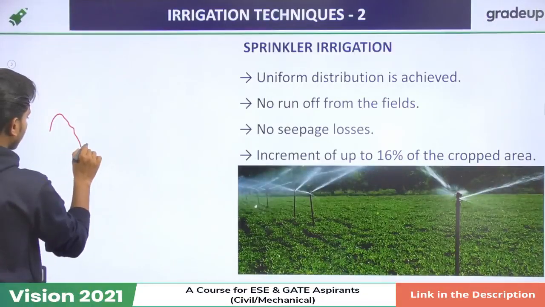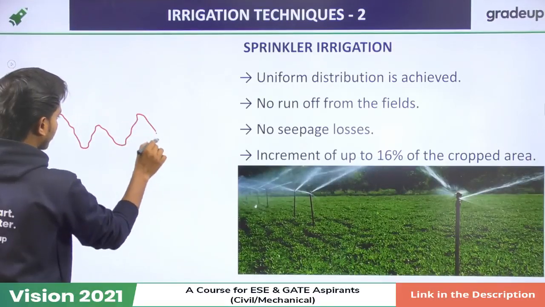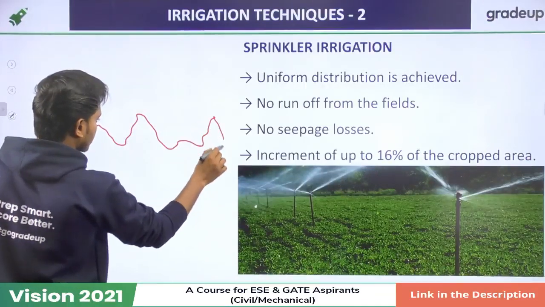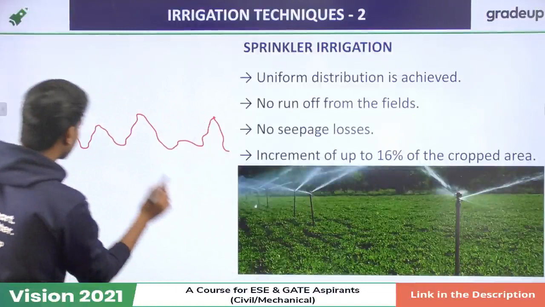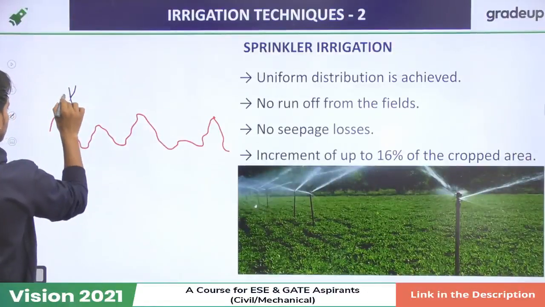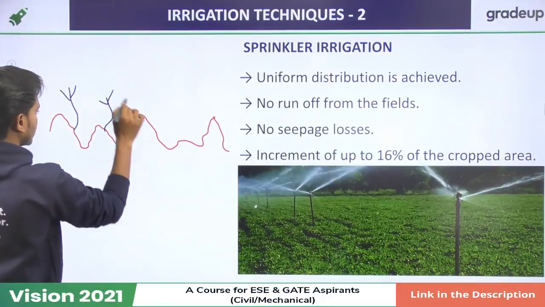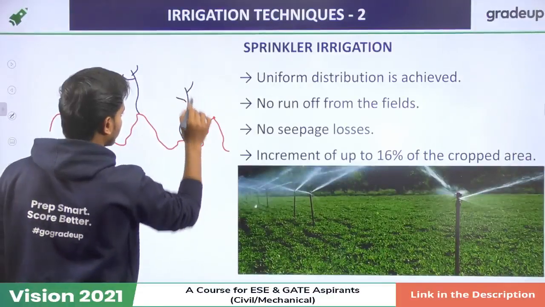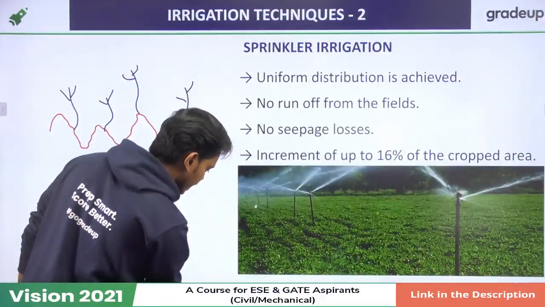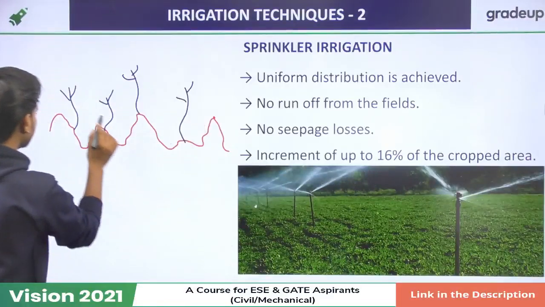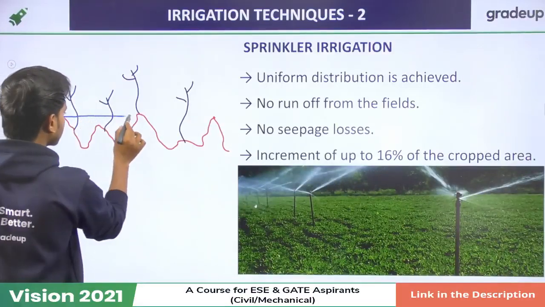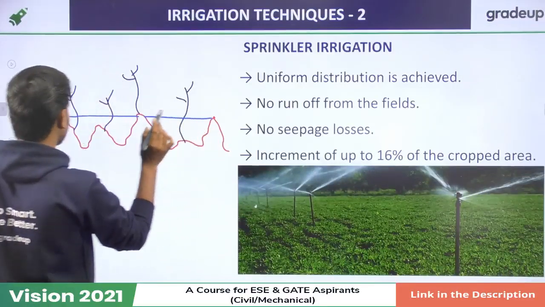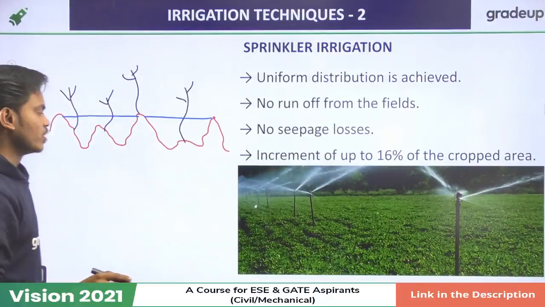Suppose we have this type of topography in our irrigation field, and we have our crop here. When I am applying water, it will look like this.